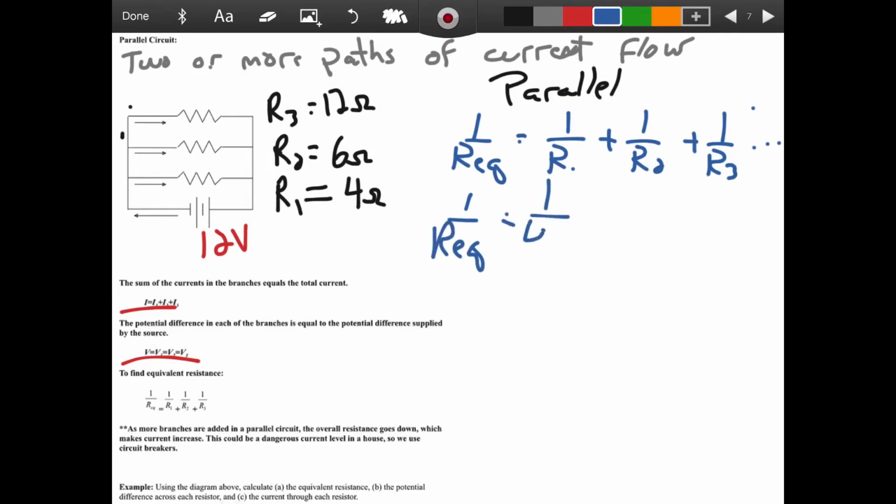So now we would plug in. We get 1 over 4 ohms plus 1 over 6 ohms plus 1 over 12 ohms. I will share a helpful trick to do this very quickly in your calculator, but if not, we should find a common denominator, which is 12.